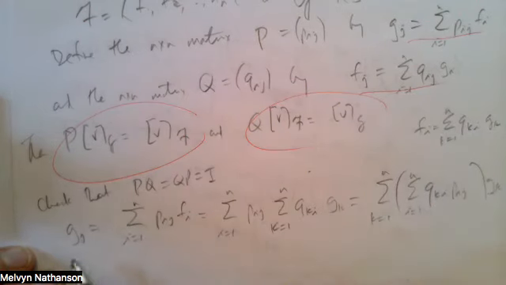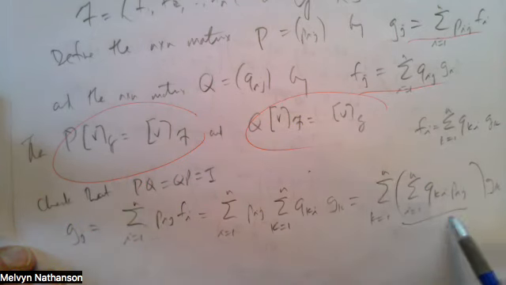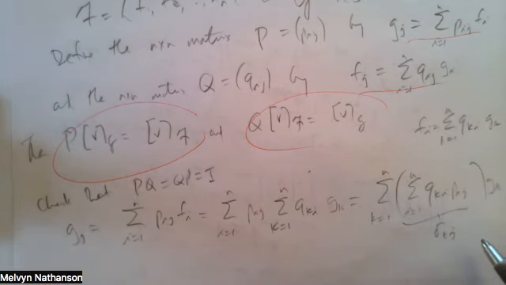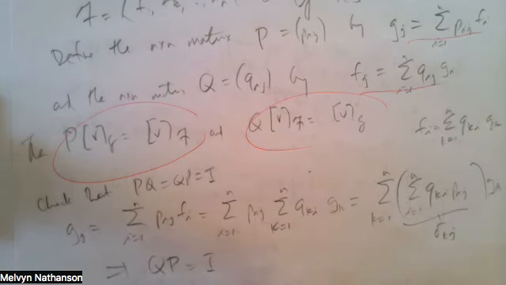And because the vectors G are linearly independent, this is equal to 0 if k is different from j, and 1 if k equals j. So this is delta kj, Kronecker delta, which says exactly that Q times P is the identity.